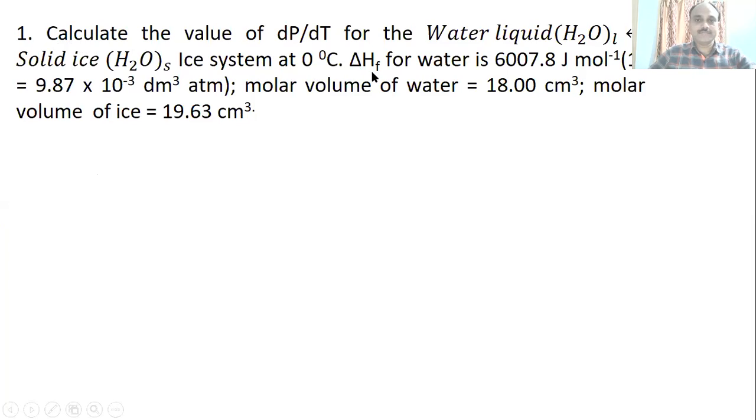Delta HF for water is 6007.8 joule per mole, where 1 joule is equal to 9.87 into 10 to the power of minus 3 dm cube atmosphere. Molar volume of water is equal to 18.0 cm cube and molar volume of ice is 19.63 cm cube.